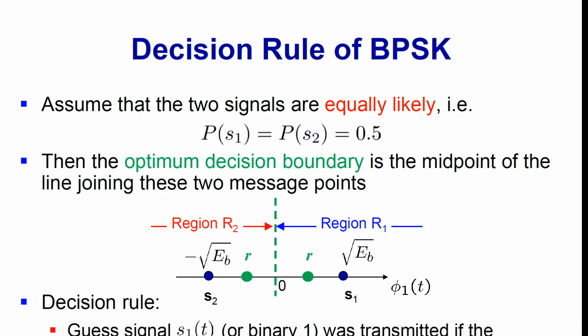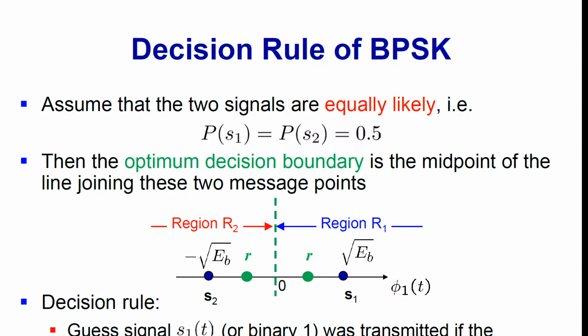We have already seen that the maximum likelihood rule for an AWGN channel is actually the minimum distance rule, or minimum Euclidean distance rule, and based on that ML rule we can divide the region into two.